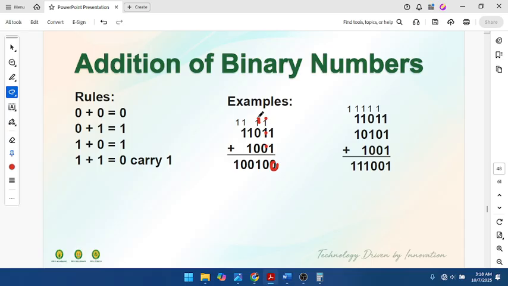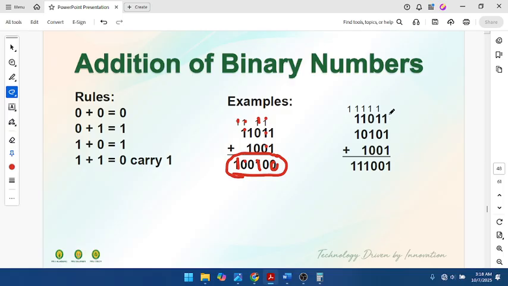Okay, so meron na tayong base 1. So 1 plus 0, we have 1. And 1 plus 0, another 1. The next 1 plus 1, 0 carry 1. And 1 plus 1, we have 0, another carry 1. And bring down 1. So we get 1 0 0 1 0 0.